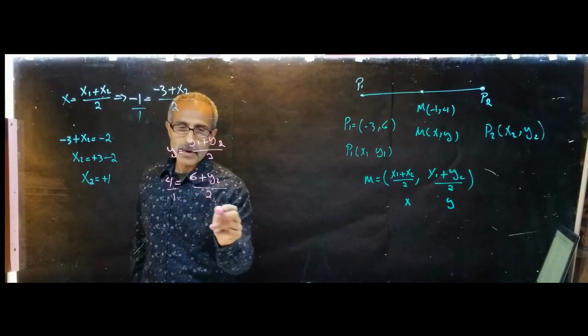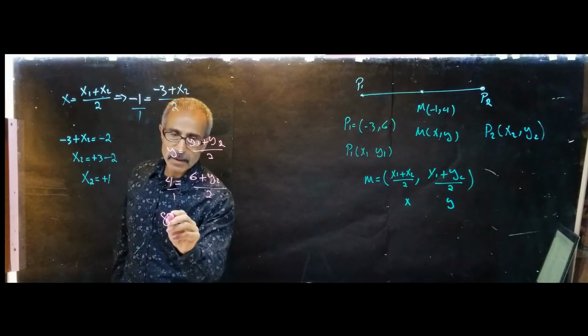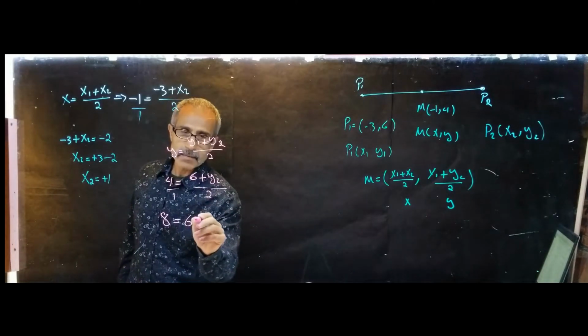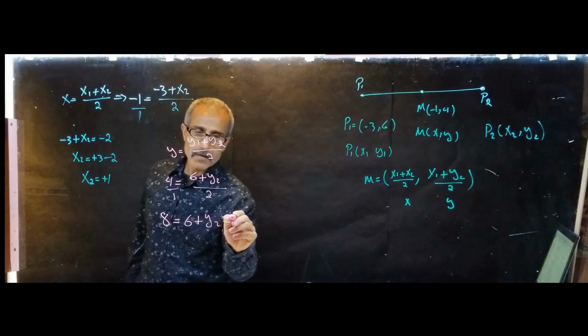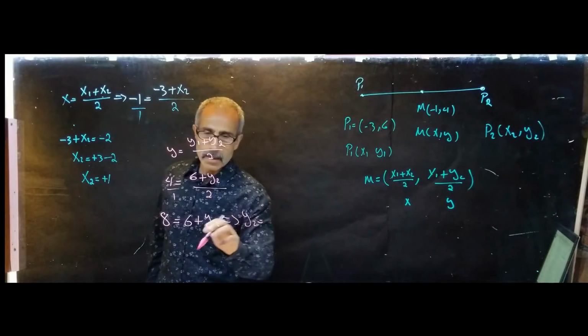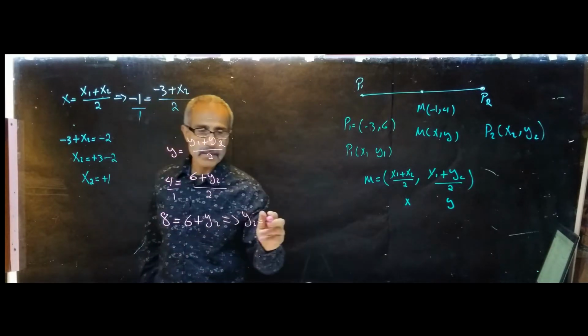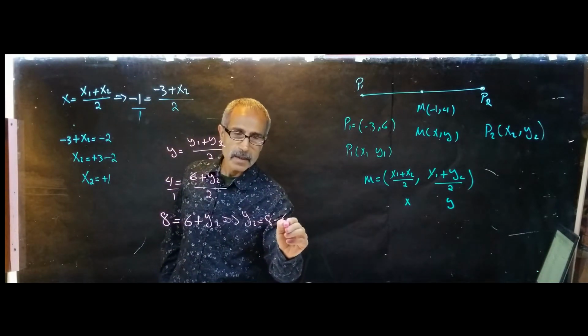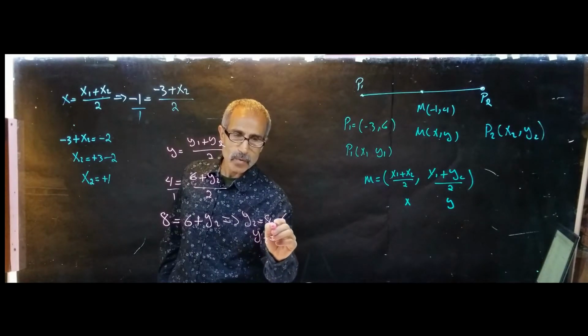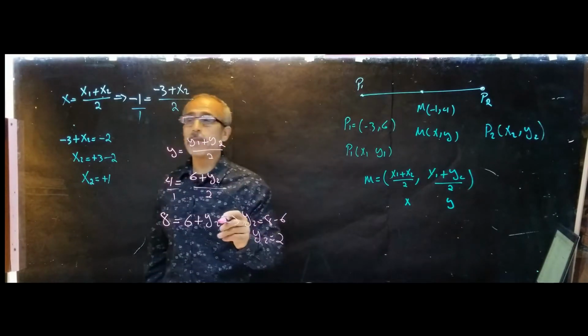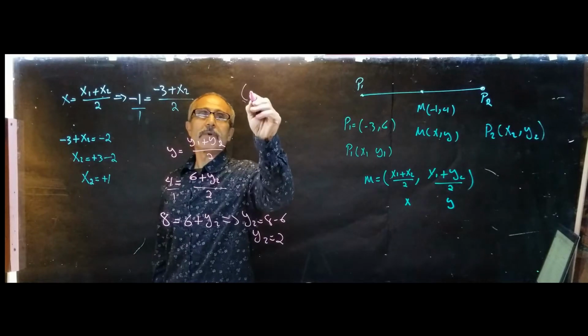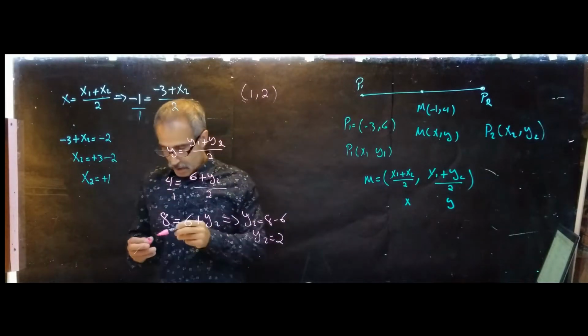Same thing. So 2 times 4 becomes 8, and 8 is equal to 6 plus y2. Therefore, y2 is equal to 8 minus 6, which comes out to 2. So now the point I'm looking for becomes (1, 2).